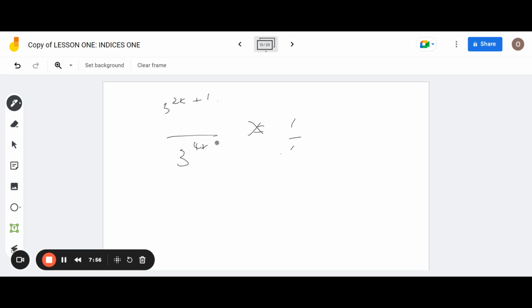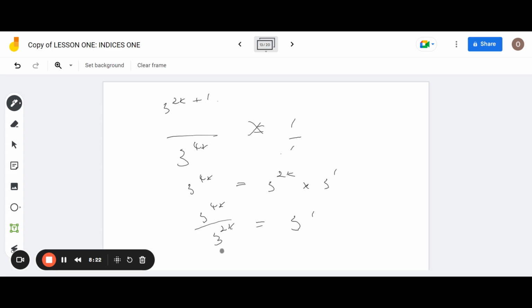Then you can cross multiply this. This will give us 3 raised to the power 4x is equal to 3 raised to the power 2x plus 1. That plus 1 is the same as times 3 raised to the power 1. Then we have 3 raised to the power 4x over 3 raised to the power 2x equals 3 raised to the power 1.